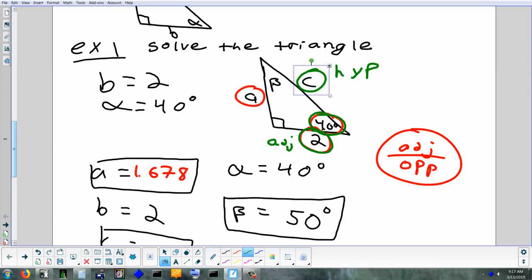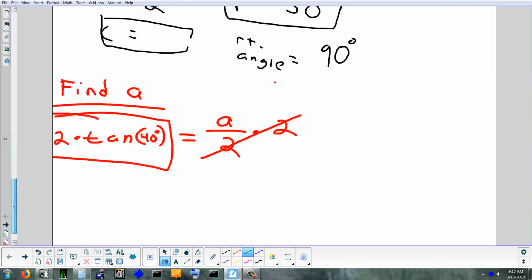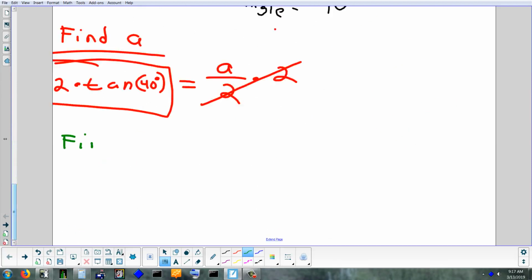C is the side we want to know. And those are called adjacent and hypotenuse. So now we've got to think of a trig function that has adjacent and hypotenuse. It's not tangent, because that's opposite and adjacent. Cosine. Adjacent and hypotenuse. Okay, so let's set that up.